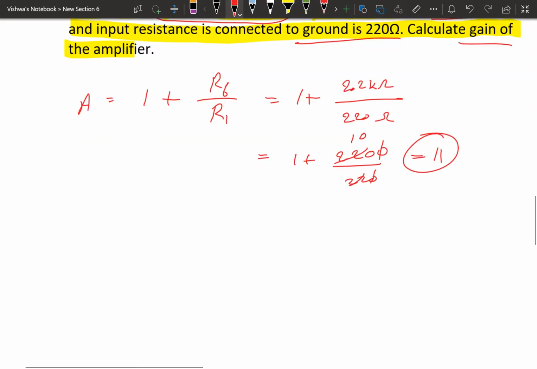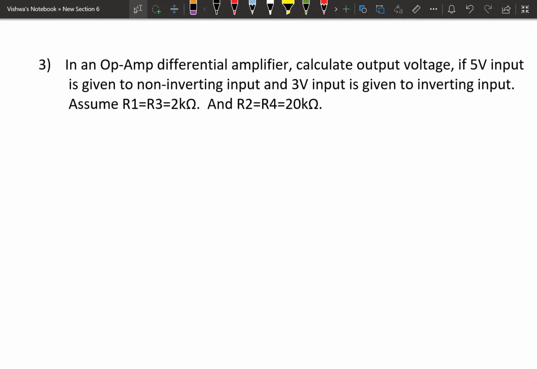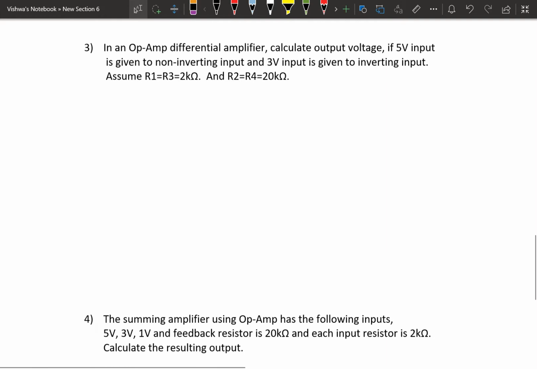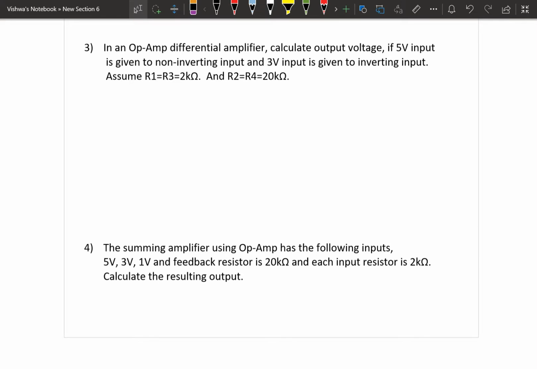Another one is related to the differential amplifier. Try to solve these two problems yourself as an assignment question. I'll give a hint to solve this one. Here a differential amplifier is given, two voltages V1 and V2 are given. V1 is 5 volt, V2 is 3 volt, and R1, R3, R2, R4 are given. So try to draw the diagram for the differential amplifier.